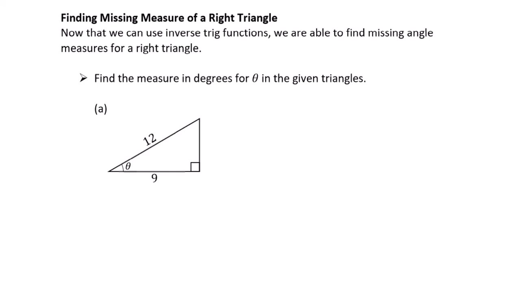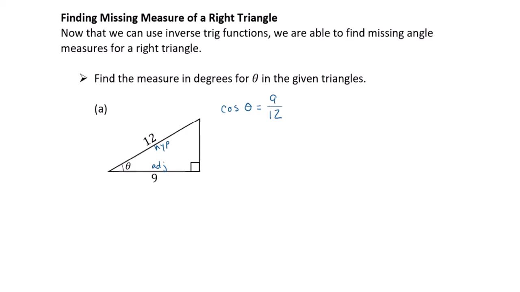I am given the adjacent side and the hypotenuse. So we think of what kind of trigonometric function involves the adjacent and hypotenuse. And that's going to be cosine. So I know that the cosine of theta is equal to the adjacent over the hypotenuse.